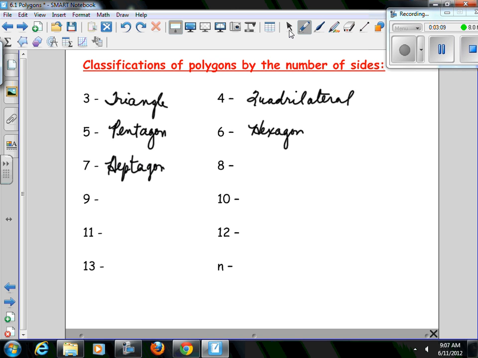That is an H. 8 sides is an octagon. 9 sides is a nonagon. 10 sides is a decagon.